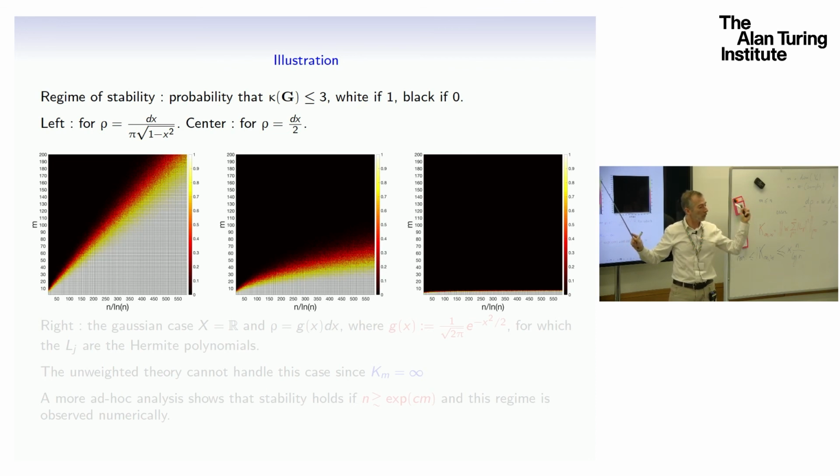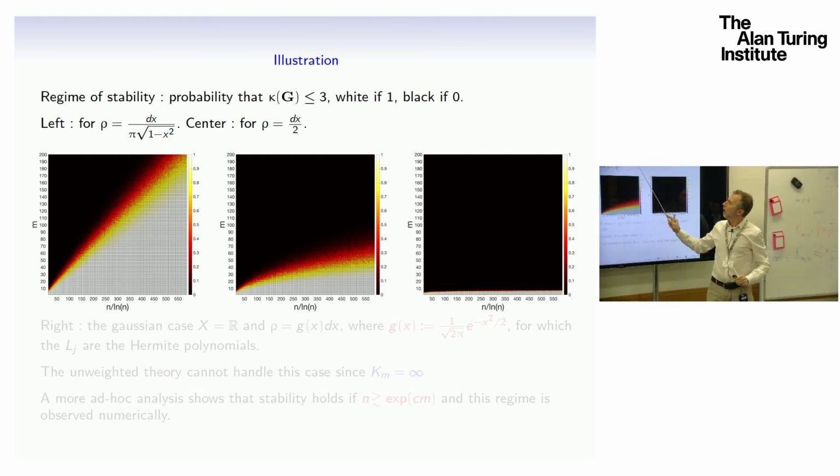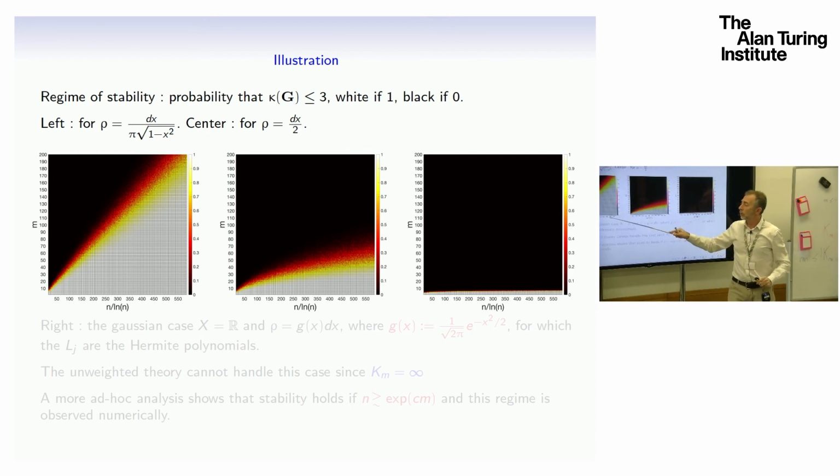You are between 1/2 of the identity and 3/2 of the identity. Here you have n, the number of samples, divided by the log, and you have m. This is what happens with the Chebyshev measure. So you see that you have a kind of transition line, which is typically linear, where m is linear in n.